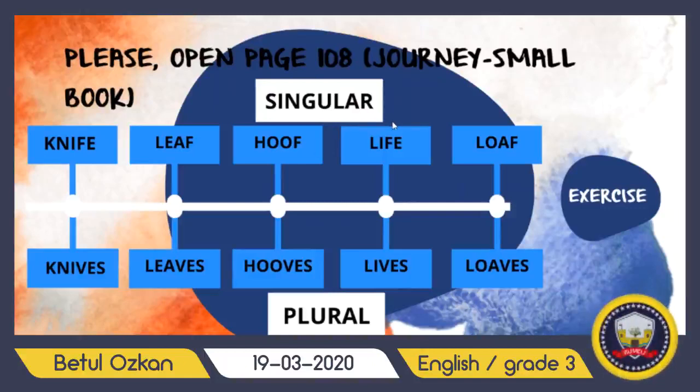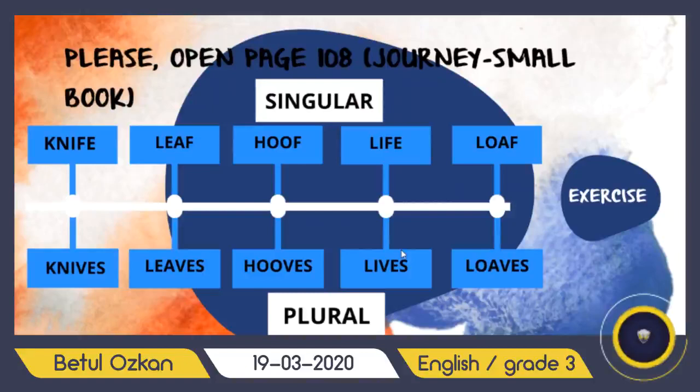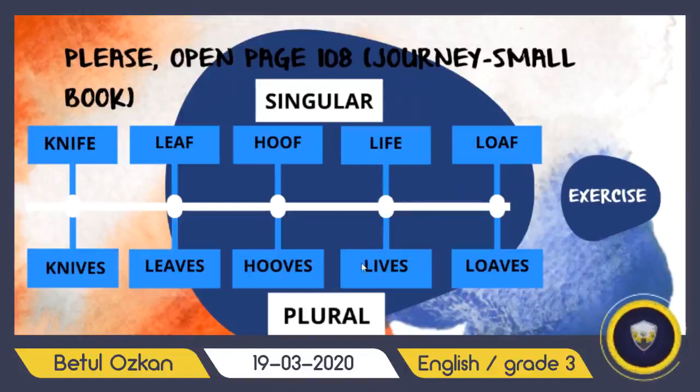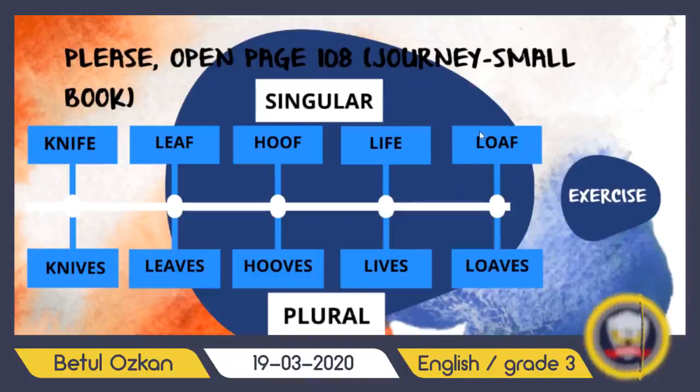Perfect. If I'm just talking about one life, my life for example, I'll write life. But if I'm talking about our lives, it will be changed. Remember lives, our lives, their lives, but this is just her life, his life, my life. If I talk about loaf, this represents only one loaf.